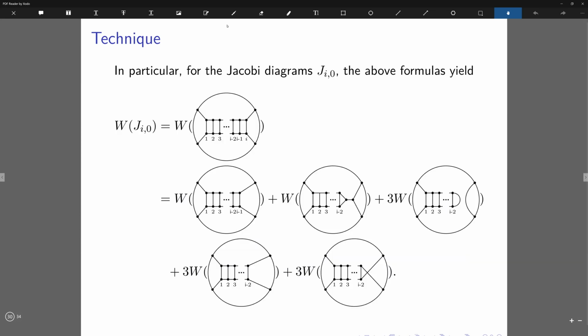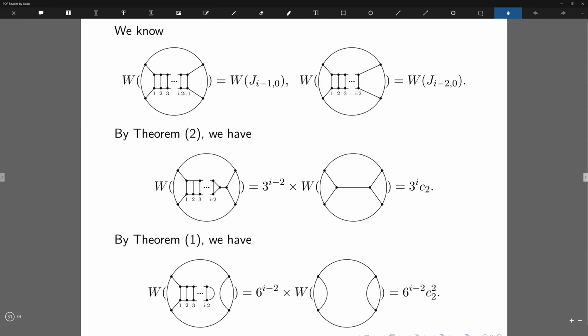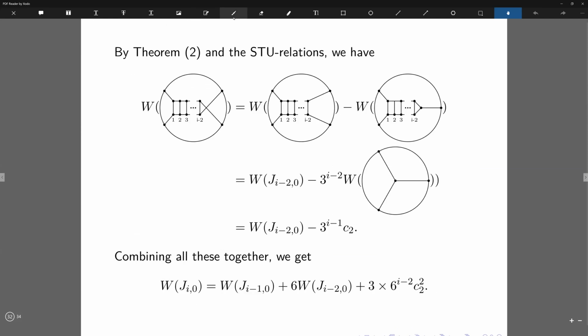And so for the Jacobi diagram we need to calculate, we apply that relationship 3 on this structure, we just split into 5 parts, and each part could be solvable. And there I just skip the detail. Finally, we get the relationship like this.